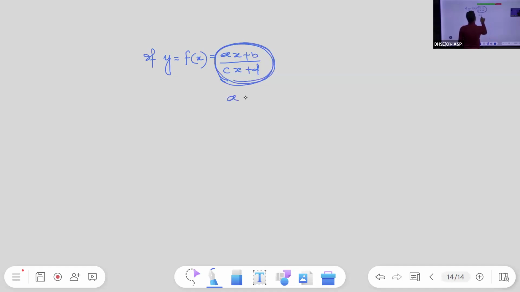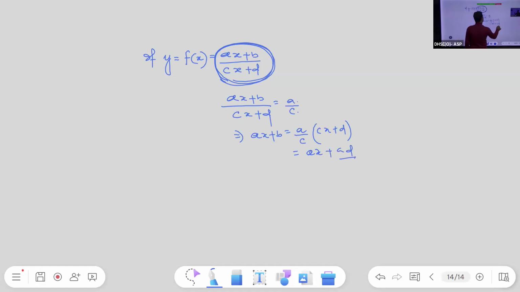That means if you substitute ax plus b upon cx plus d equal to a upon c, this implies ax plus b is equal to a upon c into cx plus d, which is equal to ax plus ad upon c.